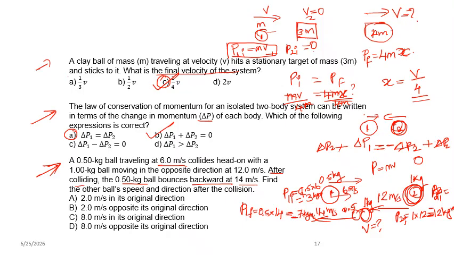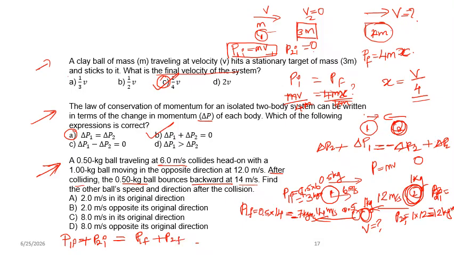Now which equation are we supposed to use here? The momentum before and the momentum after must be the same. That is the equation. So let me write it: P1I plus P2I will be equal to P1F plus P2F.